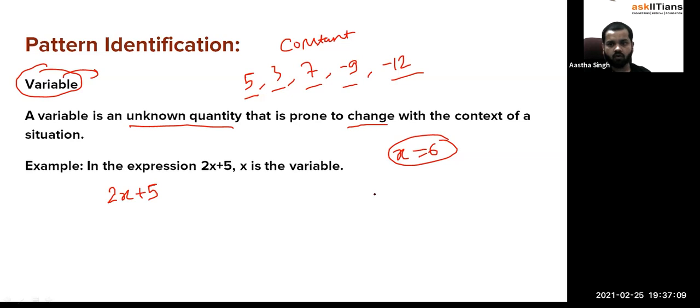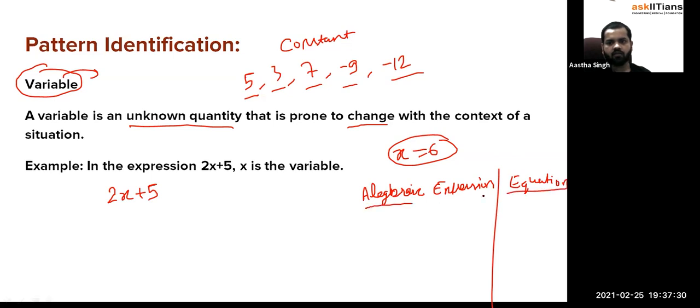I think you all know the difference between an algebraic expression and an equation, right?